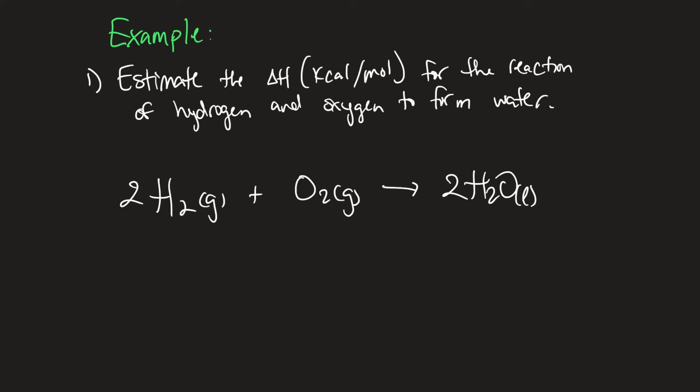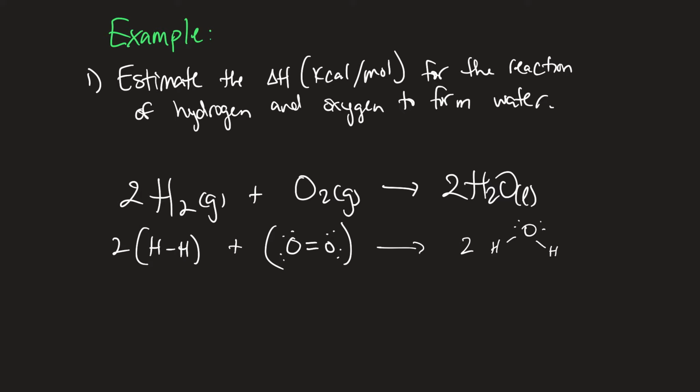So H2, we have 2 of these. For oxygen, oxygen is double bonded, and there's only 1. And then it produces 2 H2Os. We're producing 2 of these.